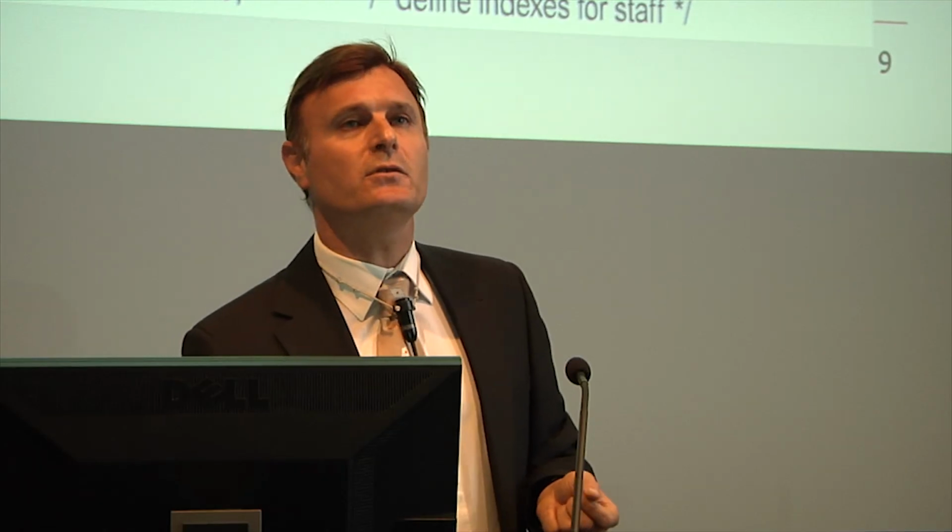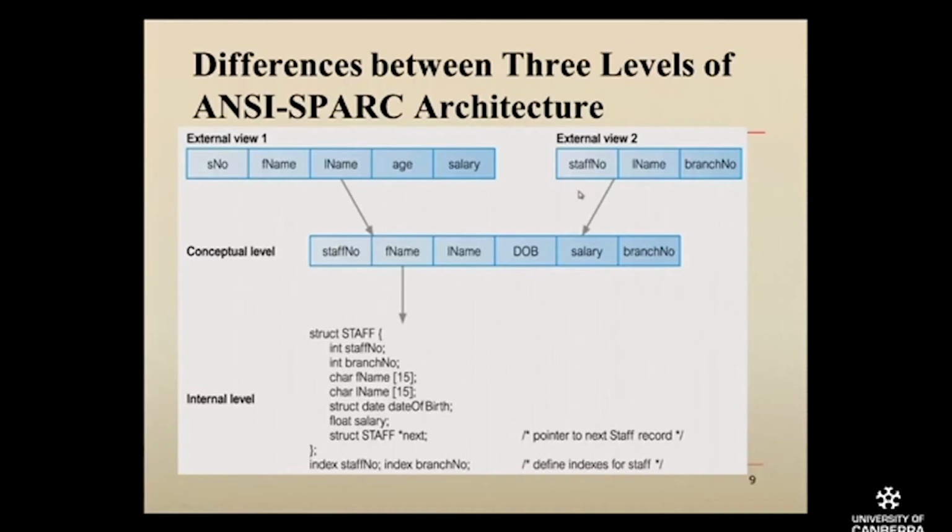User number 2 just requires the staff number, the name, and the branch number. So it doesn't need any more data. So you have got different interfaces for different users. The actual database contains all the data. Some of the data, for example, like date of birth, is stored in the database, but is not provided to any of your users.